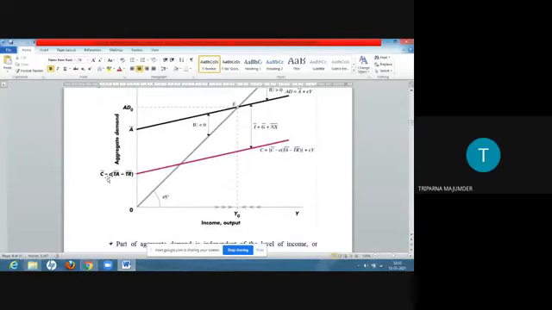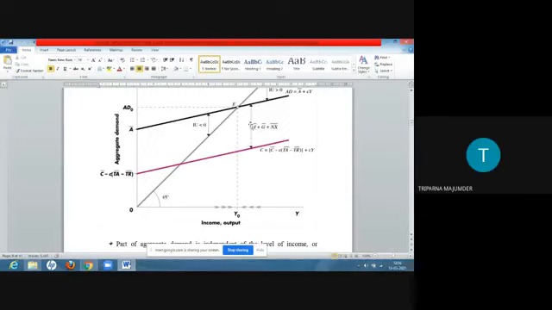Now C bar has changed a bit because we have introduced the concept of disposable income here. So the subsistence level of consumption is this much, and to this consumption function we add I bar, G bar, NX bar.